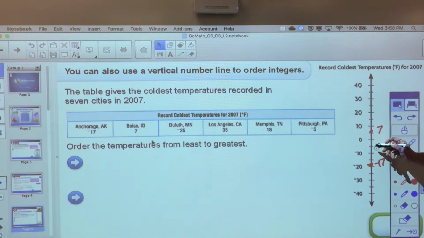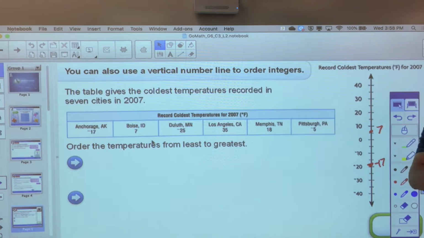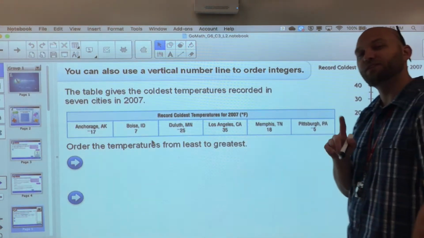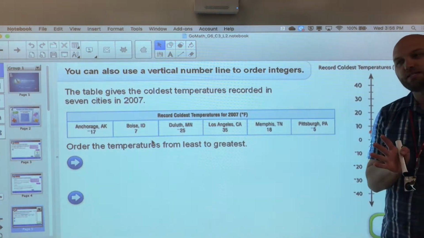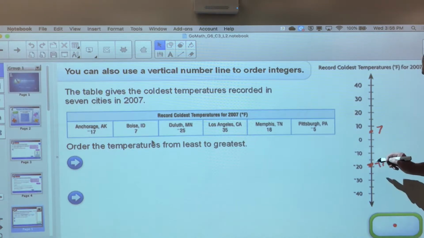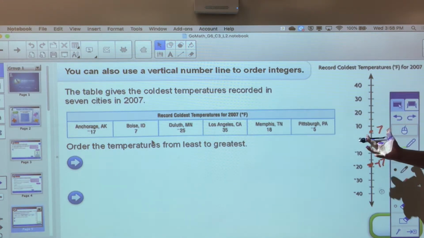Duluth, Minnesota going down here to -20, and a -25 is between -20 and -30. Just as 25 is between 20 and 30, -25 is between -20 and -30. This is another common mistake students make because they'll look at -25, they go to -20, and then they go up 5. That's actually -15.